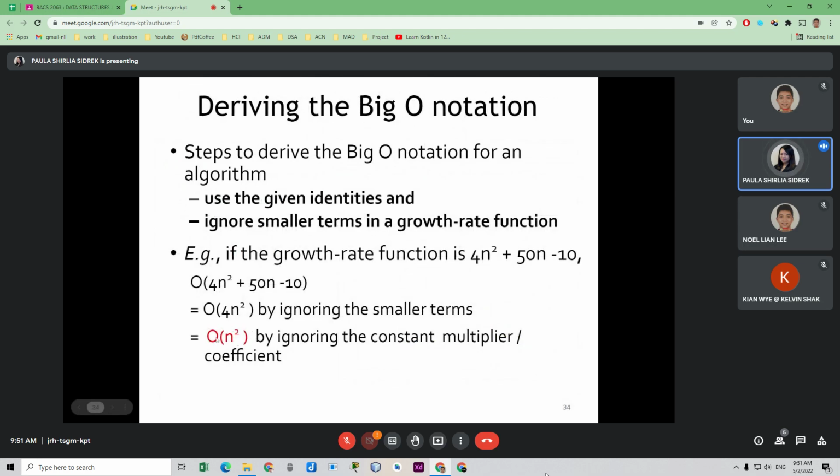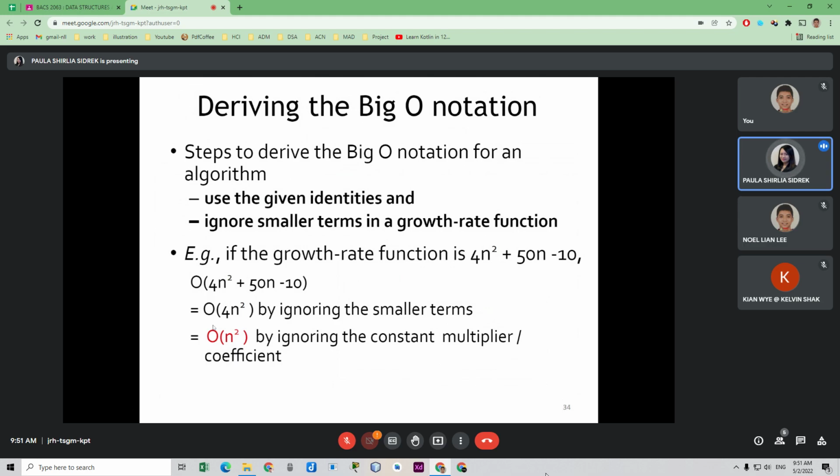Here, this is the end of your big O notation derivation for this question. First you do this, and then you put in the simpler version, and then you keep doing these particular steps, and then you reach the end, which is this one.